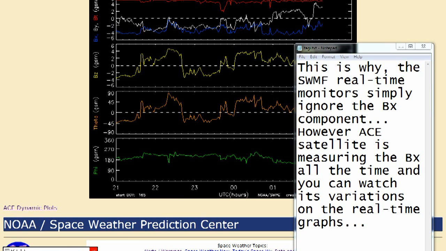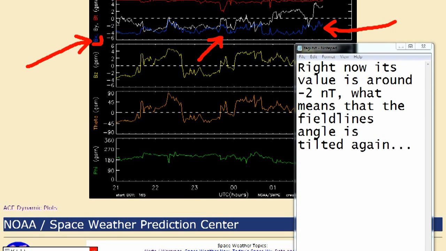However, ACE satellite is measuring the Bx all the time, and you can watch its variations on the real-time graphs. Right now its value is around -2 nanoteslas, what means that the field line's angle is tilted again.